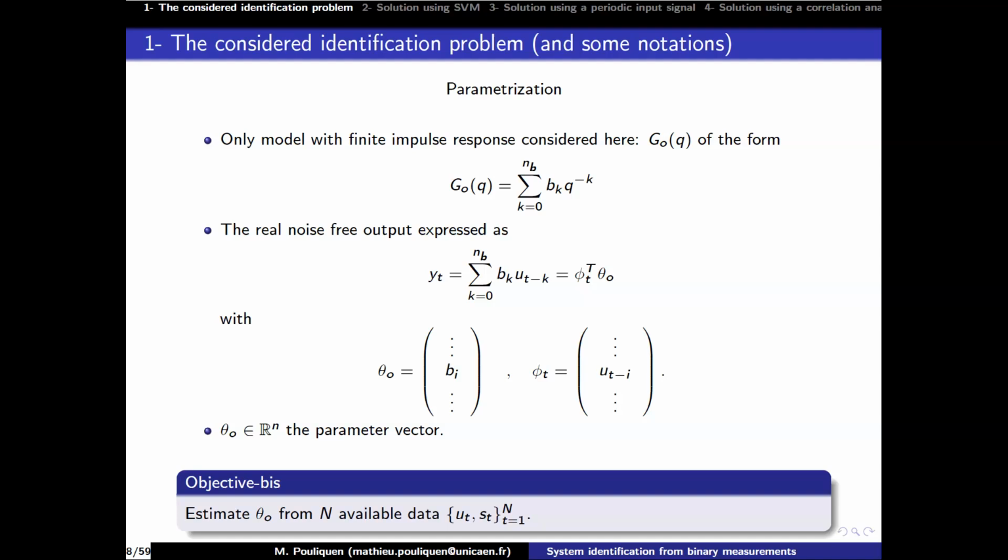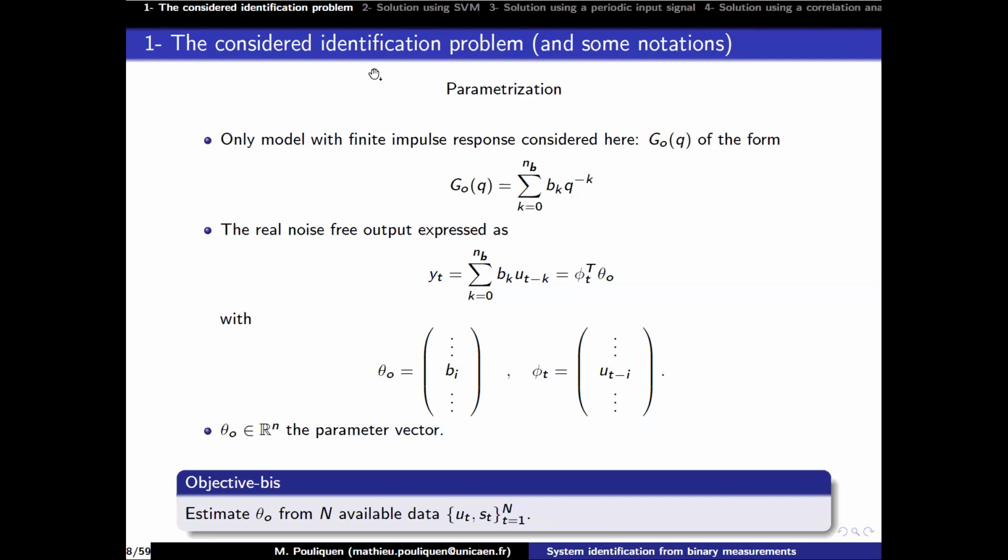The parametrization. I choose only a simple system. I will focus only on finite impulse response systems, but infinite is possible. Here we have the usual parameterization with theta zero, the parameter of the system, and phi the regression vector.